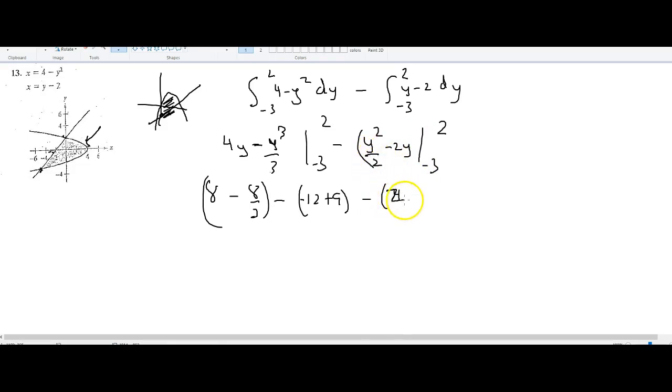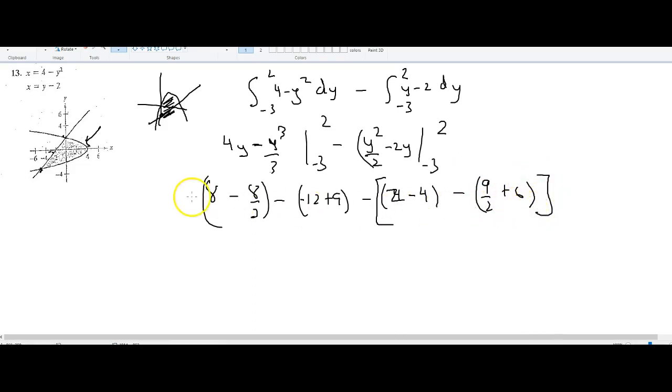And then I get minus 4, minus parentheses, and I've got plug in a -3, I get 9/2. Plug in a -3, I get plus 6.